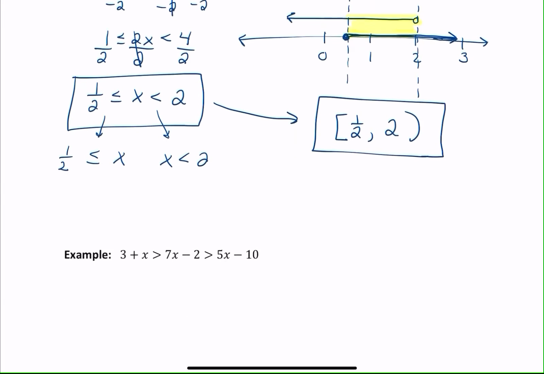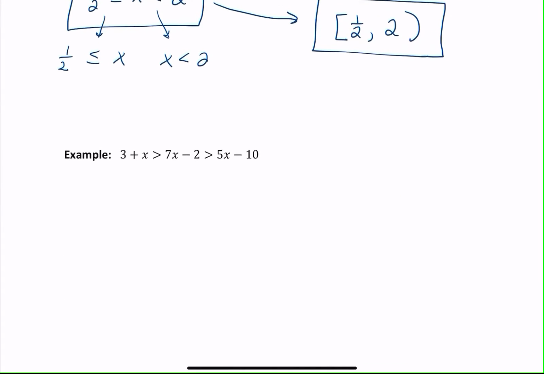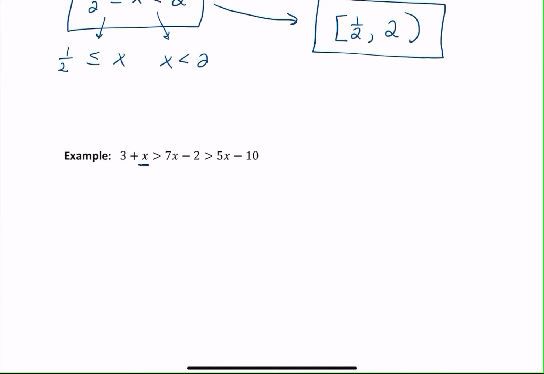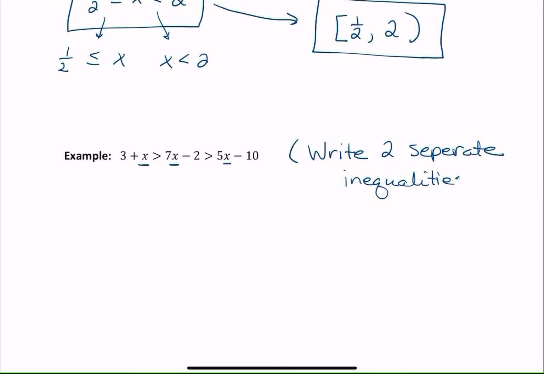Now this next one is a little more complicated because it has an x term in each part. So what you're going to want to do here is write two inequalities and solve them. So I'm going to have 3 plus x is greater than 7x minus 2.